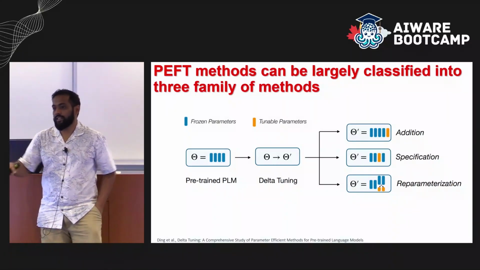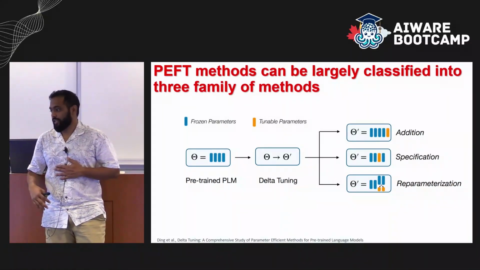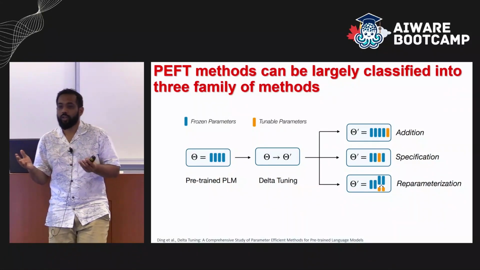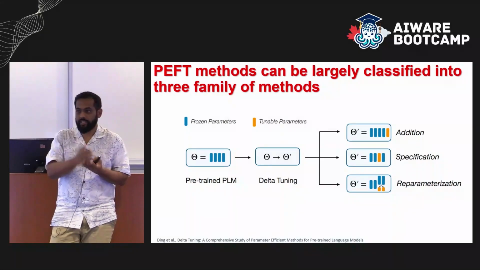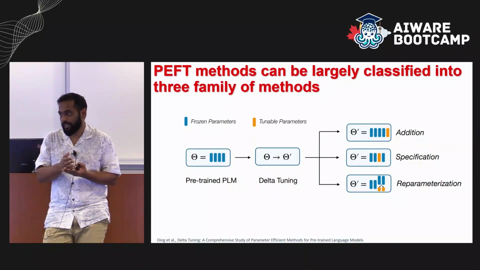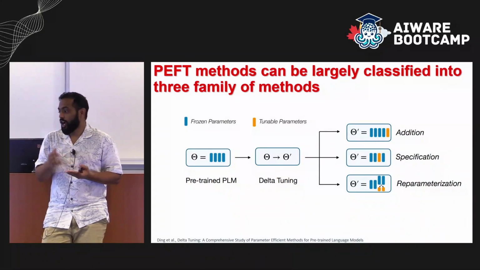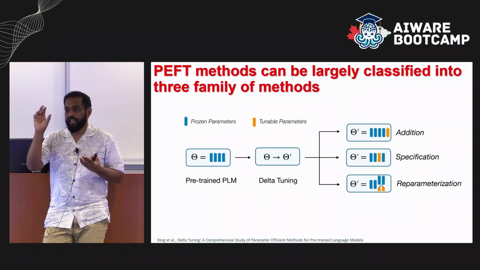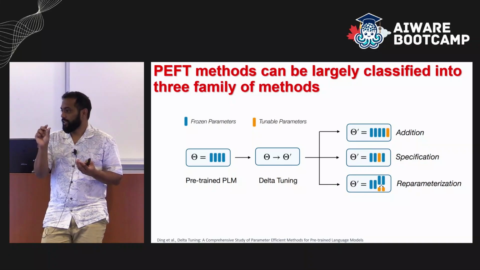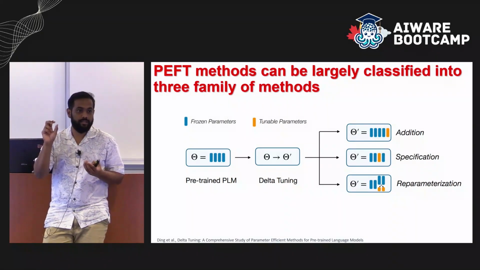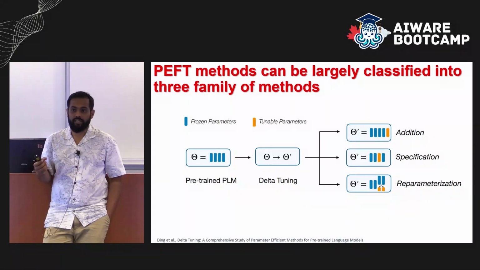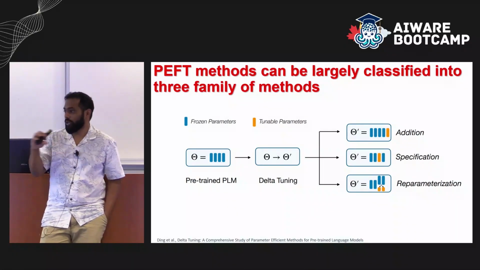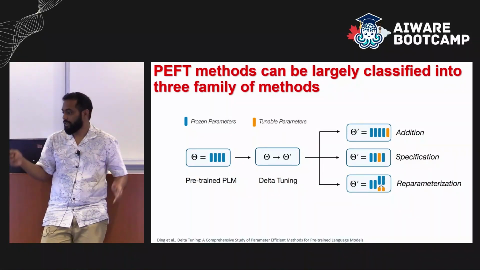There are some overlapping categories that I'll introduce later, but they can largely be classified as additive methods, where you typically end up adding a layer and just tuning that layer or updating the weights of that layer; selective methods, where we train only a part of the existing parameter space; or reparametrization, where the weights are decomposed into lower dimensions, and the lower dimension is trained and reprojected.